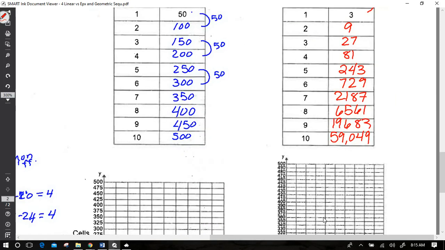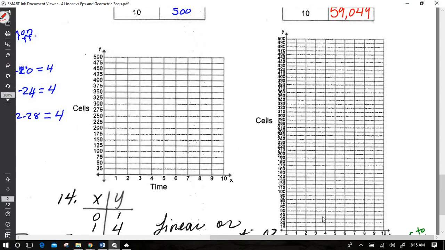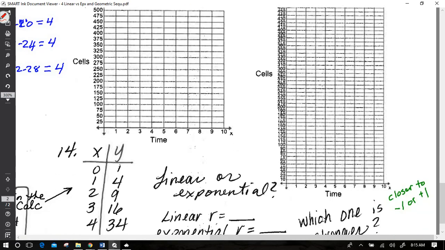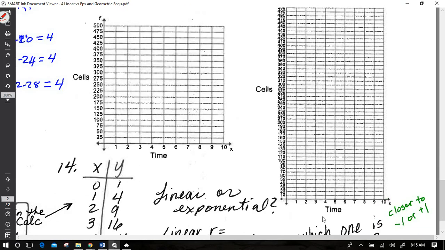And now what I'm going to ask you to do is to graph each of these functions. If we were to graph each of these functions, I'm going to start with strand A. In hour 0, it killed 0 cells. In hour 1, it was 50. Hour 2 is 100.